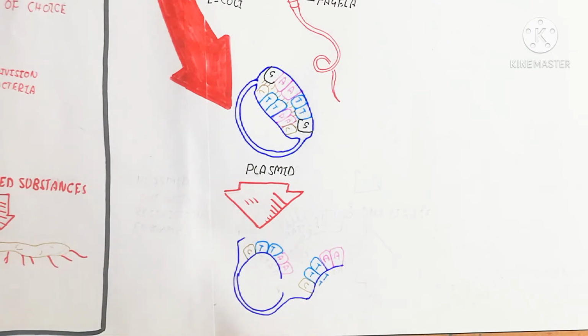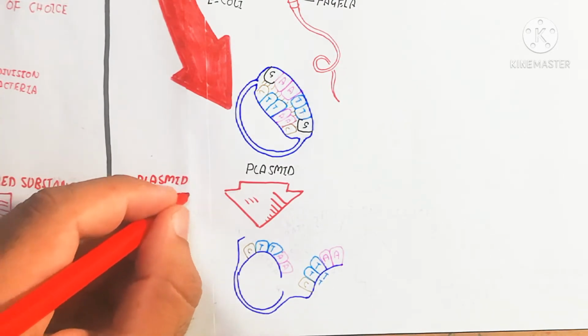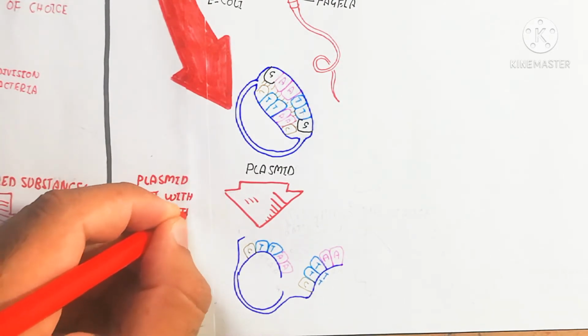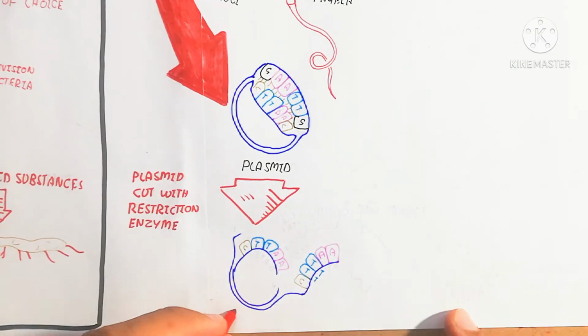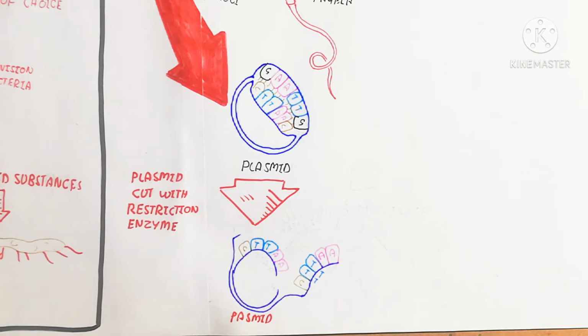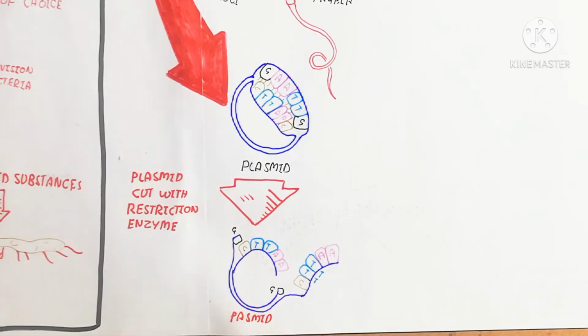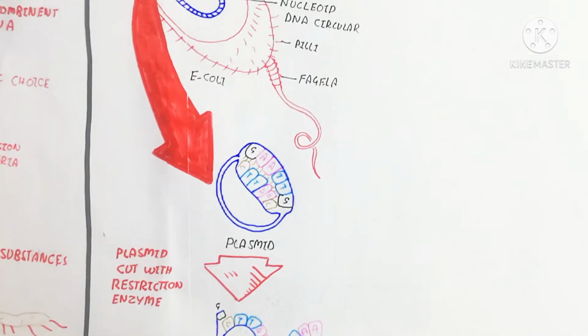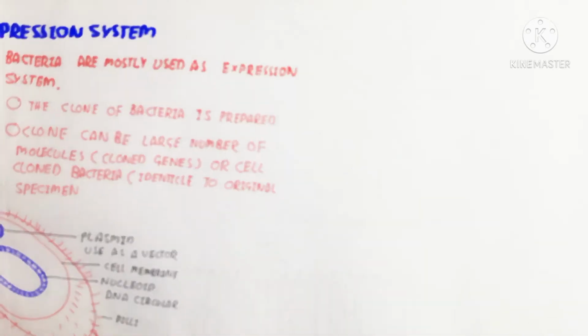This plasmid is cut by the endonuclease enzyme. The endonuclease enzyme cuts the plasmid to produce this type of structure, and then the molecular paste, the DNA ligase enzyme, is used to paste in the foreign DNA segment. How to produce a recombinant plasmid, we will discuss in detail.